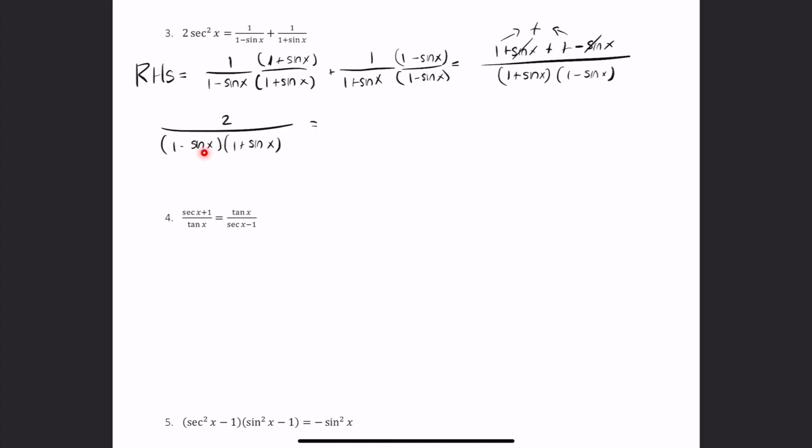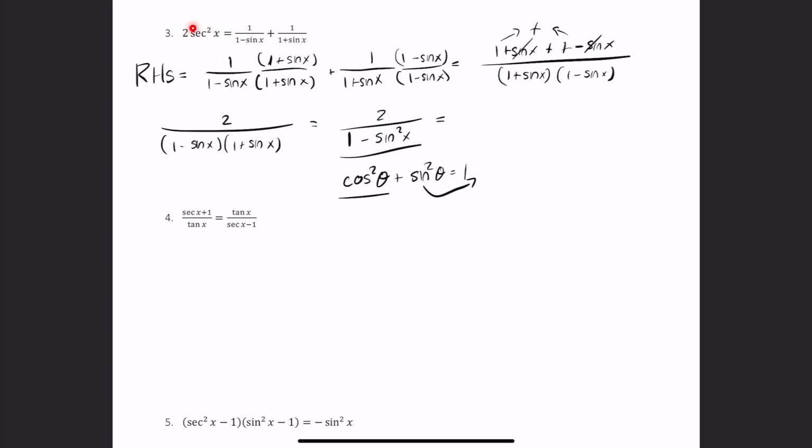Okay, and we can see that this is simply a difference of squares, so we can rewrite this as 2 over 1 minus sine squared x. And then, what do we know? We have another candidate for our Pythagorean identity. So let me just write this here to remind you guys. If we subtract sine, we'll just have cosine.